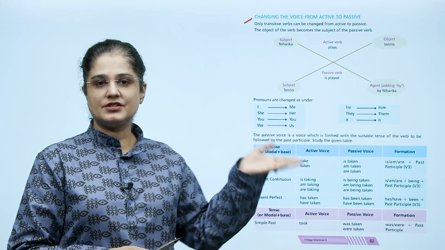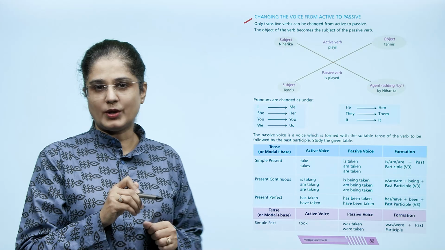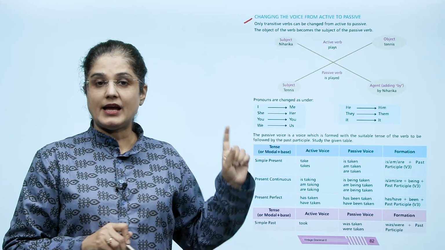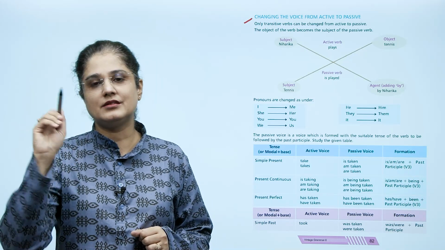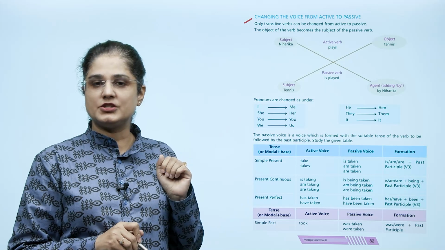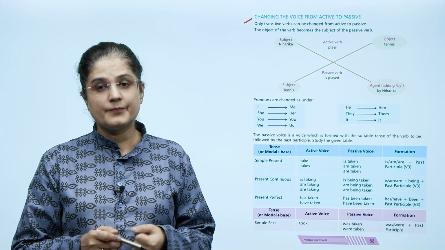Similarly, in present continuous tense, is taking in the active voice changes to is being taken. Am taking in the active voice changes to am being taken in the passive voice. And are taking in the active voice changes to are being taken. How?